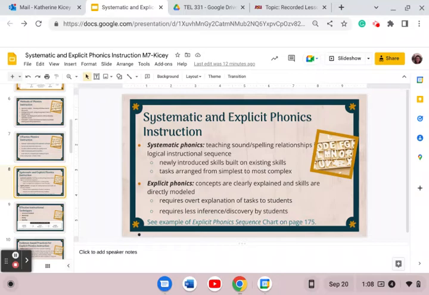You would start with oral language, moving to letter recognition and sound, then moving to segmenting, and then blending, and then always practicing how to take a word apart and put it back together. Explicit phonics concepts are clearly explained skills, and they are directly modeled.